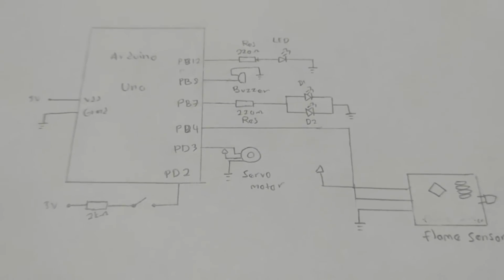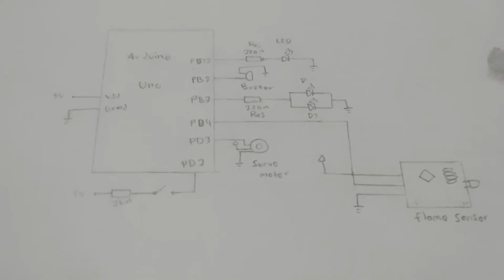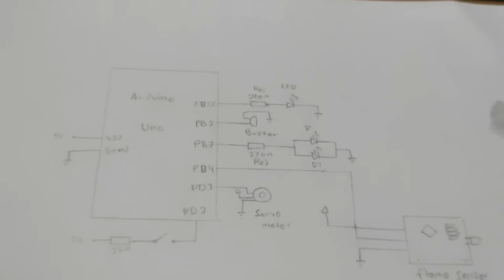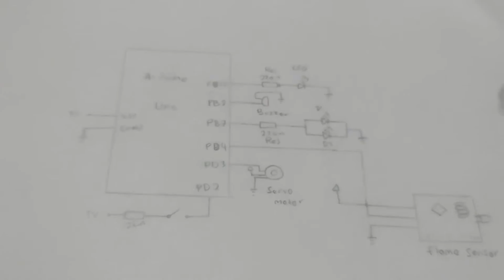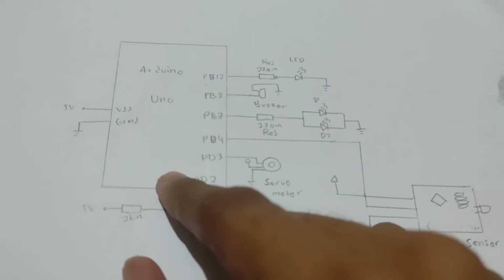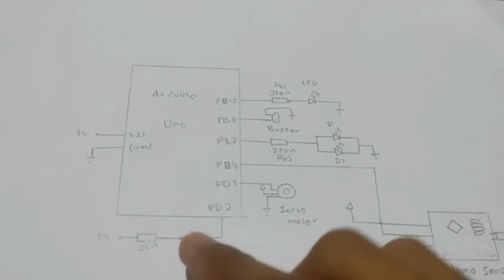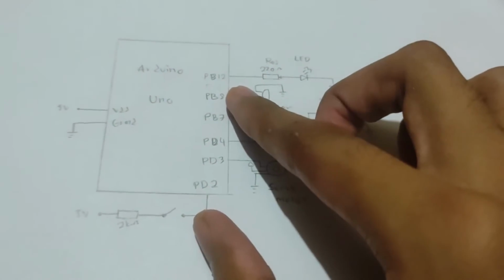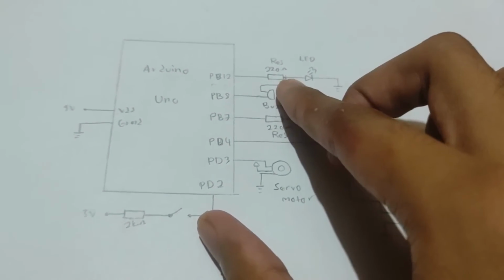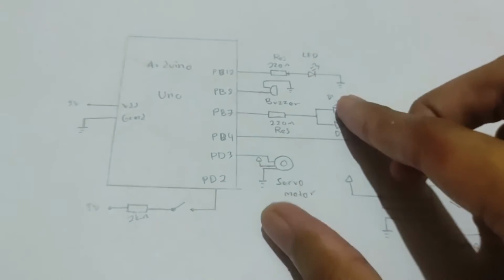Assalamualaikum. As you can see here, this is the system design, or schematic diagram, for the project. This is an Arduino Uno with several connections. For pin number 12, we have a 220 ohm resistor connected to an LED and to ground.